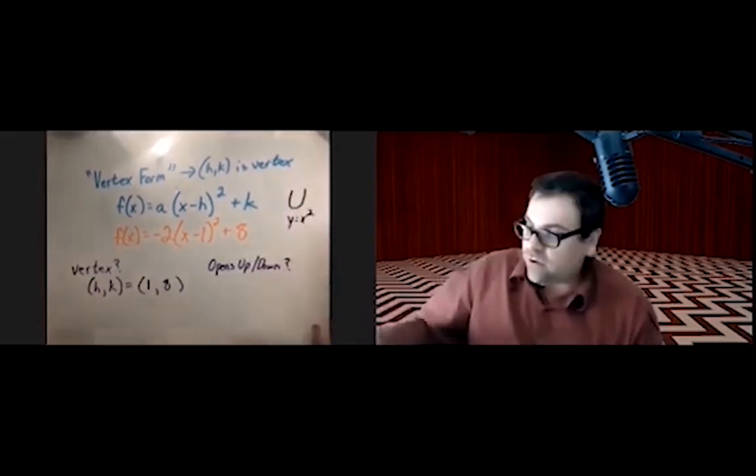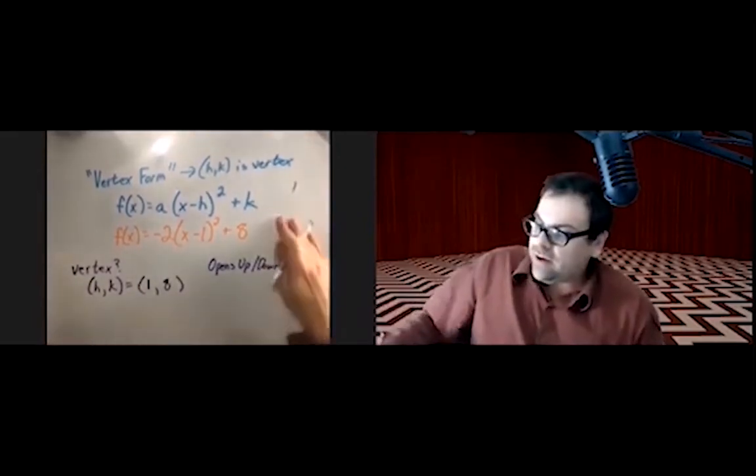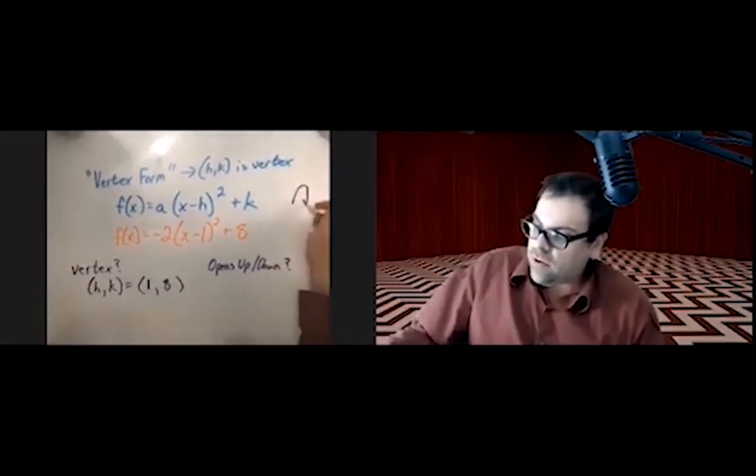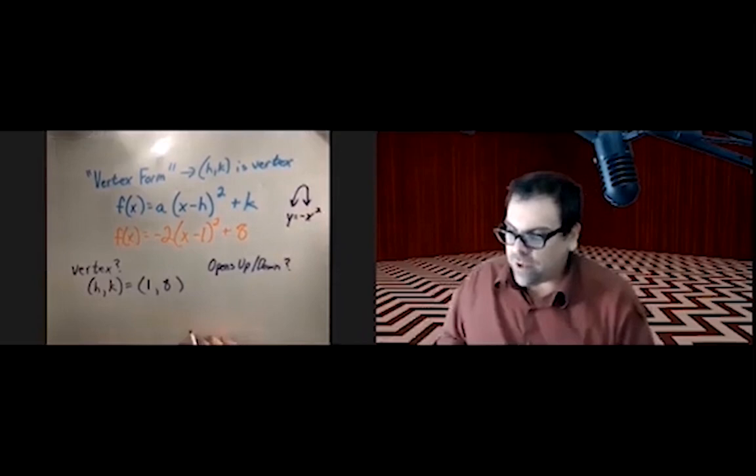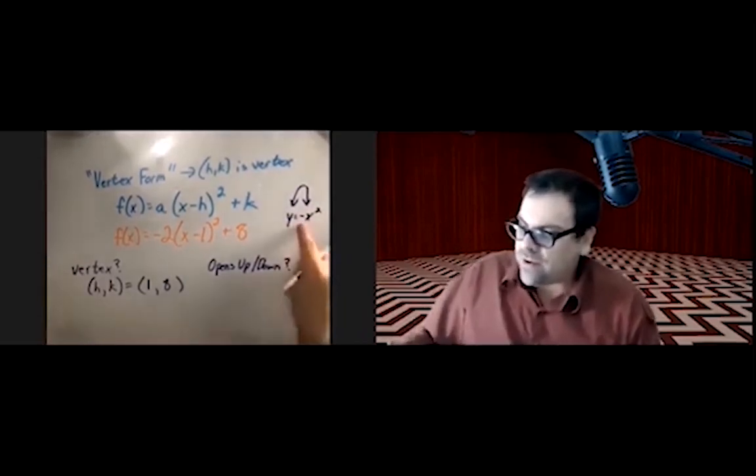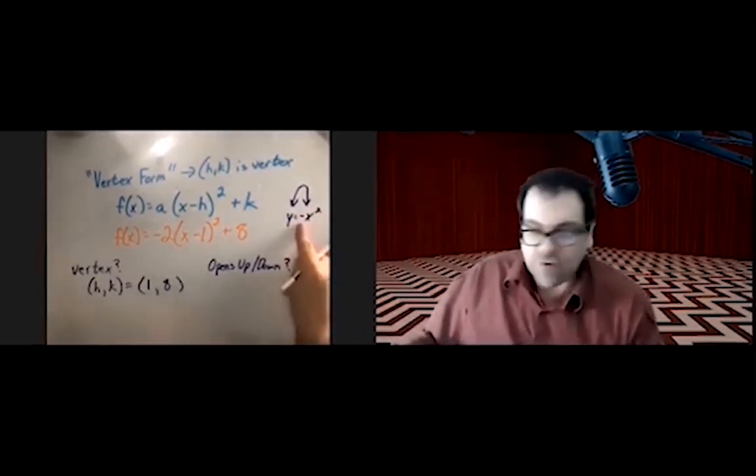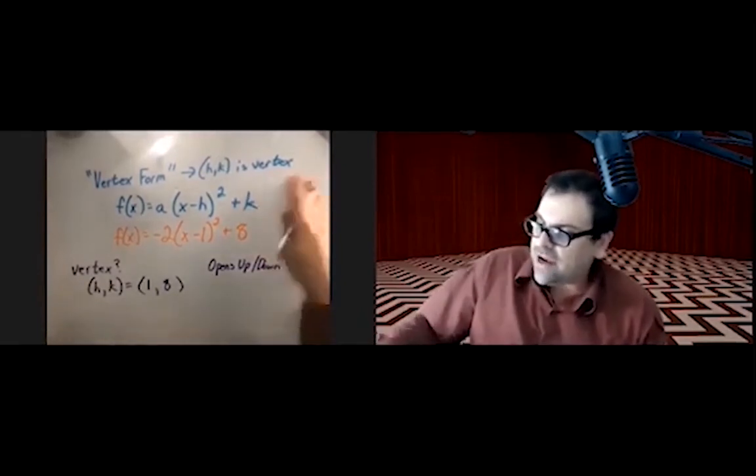If we flip it over, if we get one that opens down, that means we have a reflection, y equals negative x squared. So when it's a negative out front, that's the one that opens down.